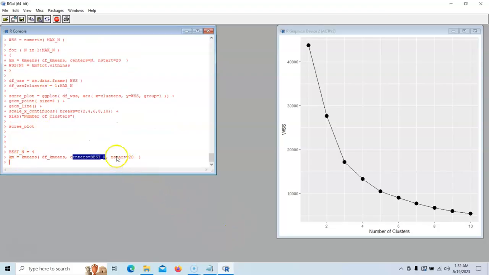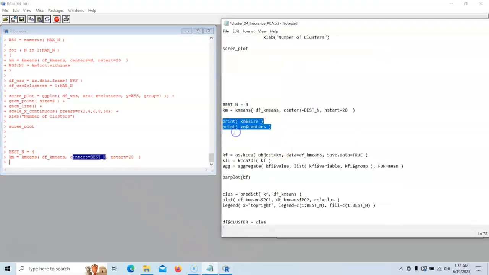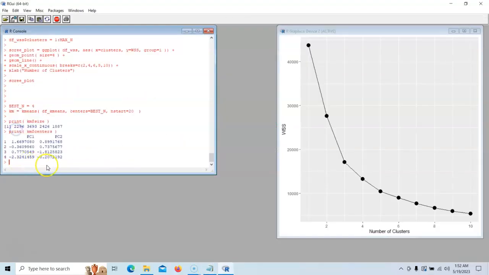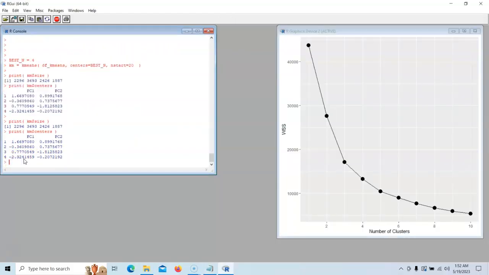And then we're going to have 20 starting points and find the best one. Okay. We have cluster 1 has 2200, cluster 3 has 36, 2400, and 1800. And these are the cluster centers.